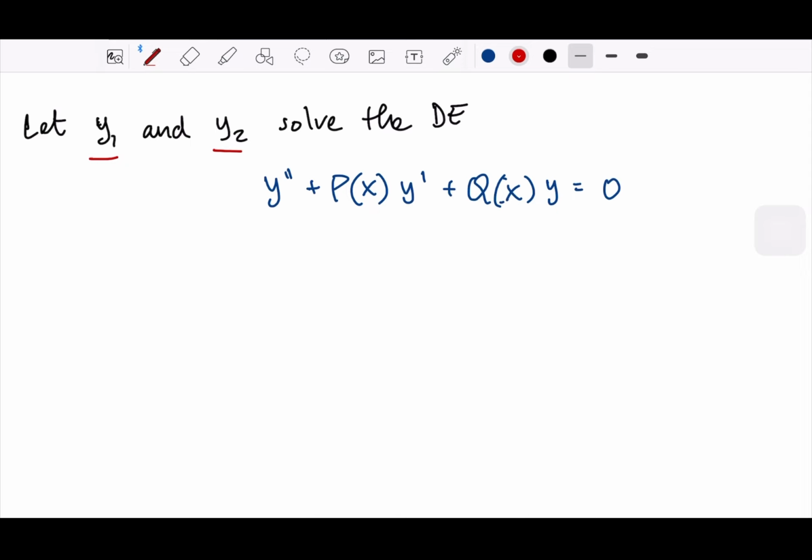According to the superposition principle, we are going to have y equal c1y1 plus c2y2. This is also our solution, or also solves the DE. Okay.